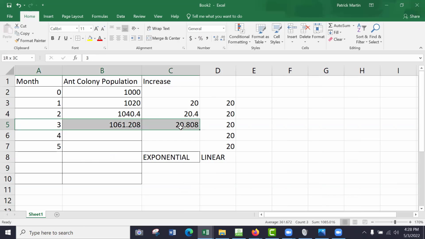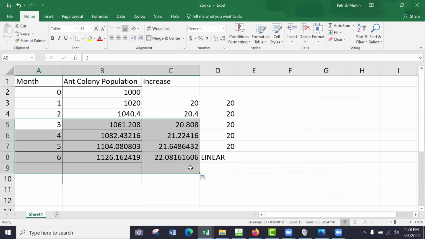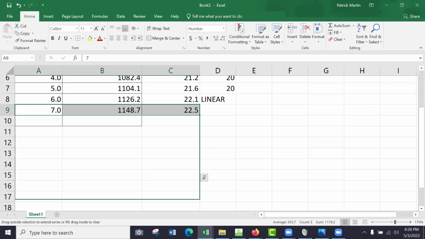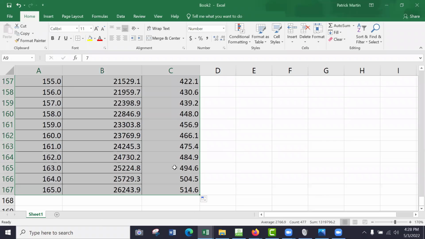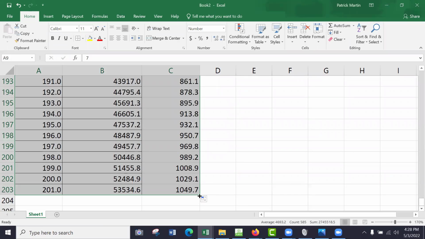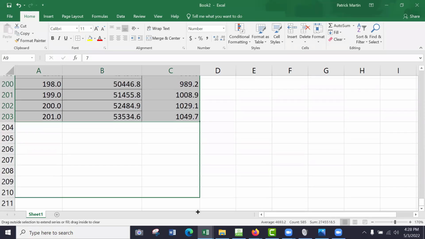I'm going to highlight these rows, grab this little thing in the bottom right here and just drag down and see what happens. All right, so I've just formatted the cells to make the numbers nicer. But if I do my cool Excel trick, highlight the rows, grab the little black plus and drag your mouse down, after many months, let's go to 240, because that's 20 years.